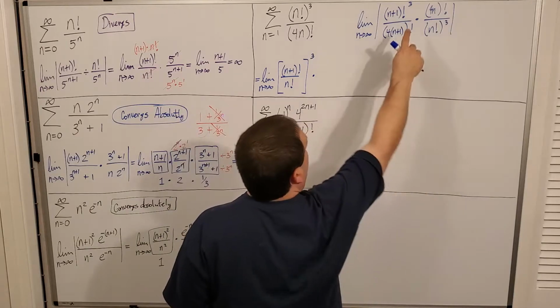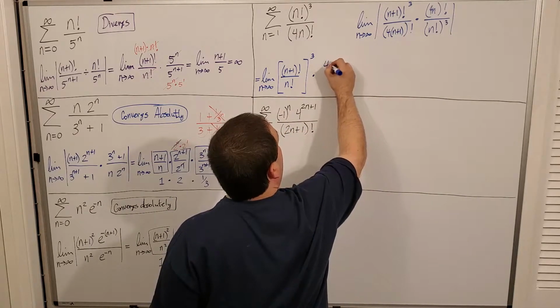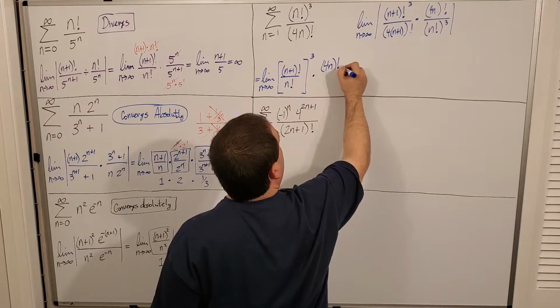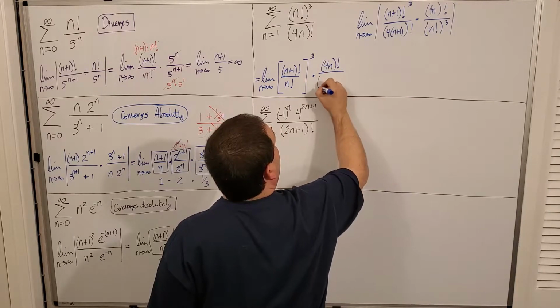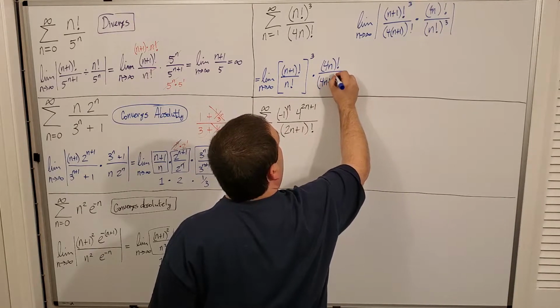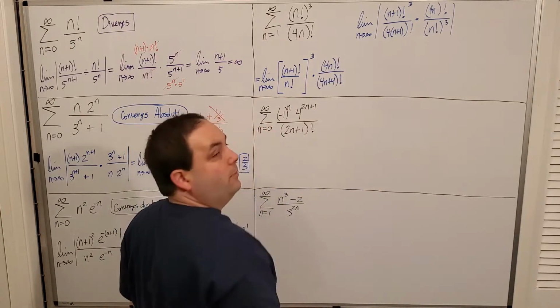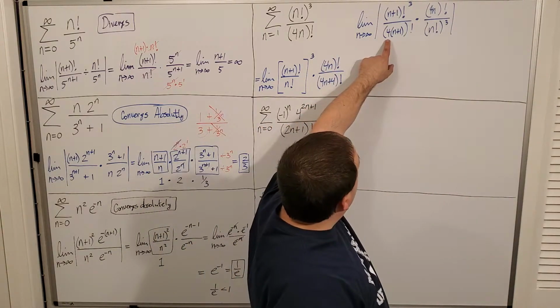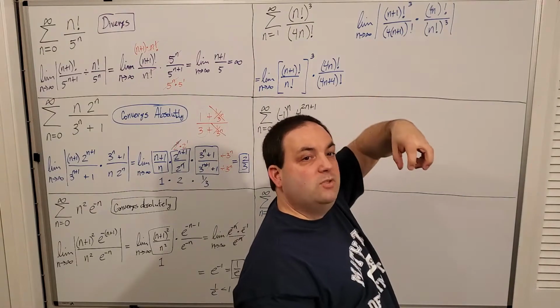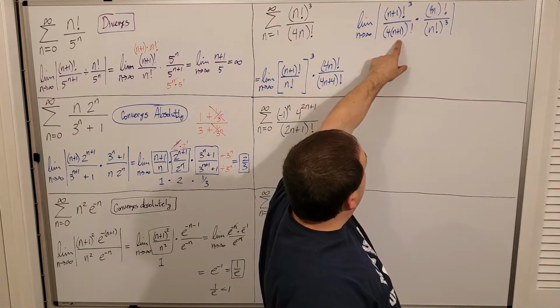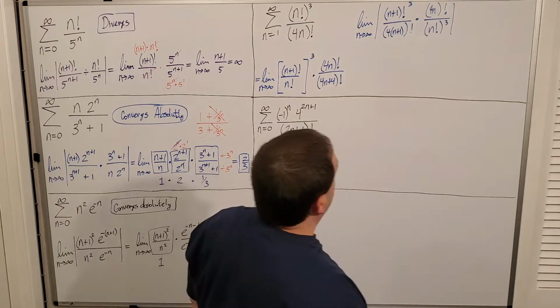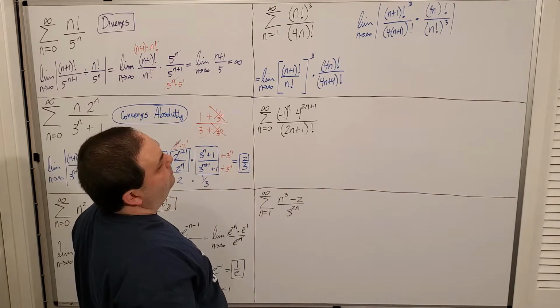Times, I've got 4n quantity factorial over 4n plus 4 factorial. Now think about that for a second. What I did was, it was 4 times n plus 1, the next term. But really I'm just going to distribute there. So it's 4n plus 4.